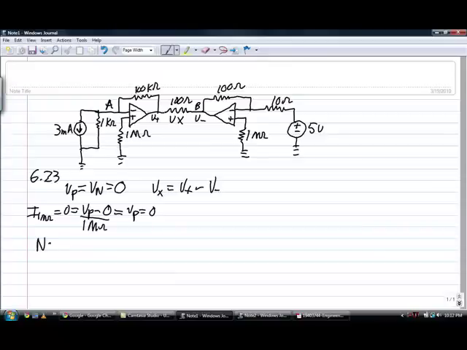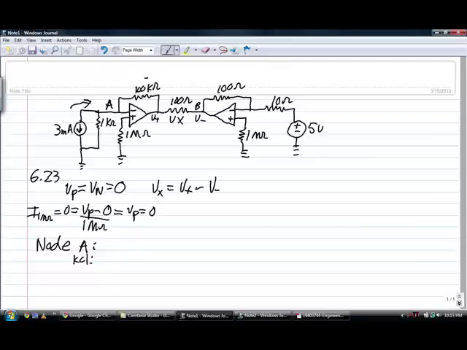We have node A, and then let's do our KCL equations. For current, we have the current from here.